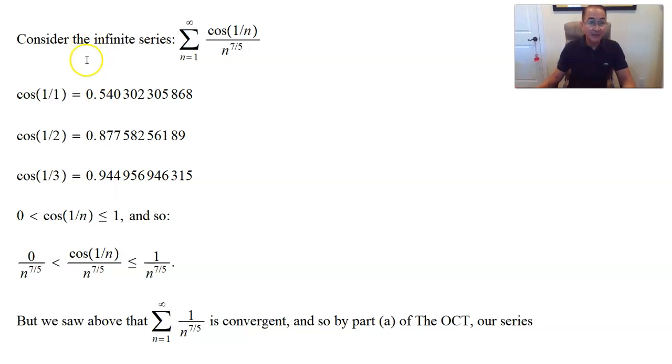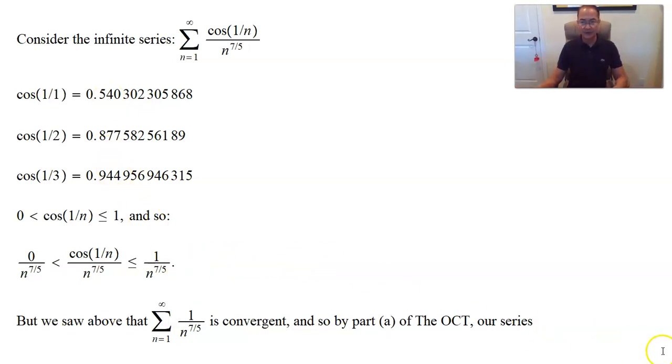So it means that 0.54 is the smallest value that we are going to get for cosine 1 over n. In other words, the cosine 1 over n factors are at least 0.54. Let's just round it down to 0.5, which is 1/2.